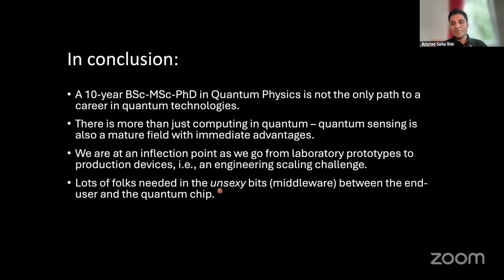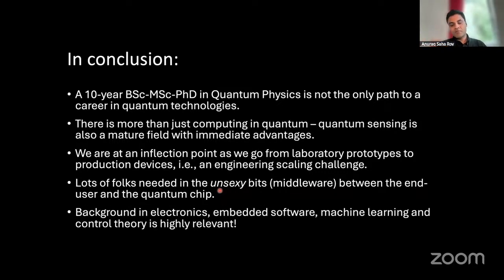And these people will often work in what I would say are the unsexy bits, right? The middleware part of the quantum computing ecosystem, not all the flashy Shor's algorithm and VQE and QAOA or the nice golden dilution refrigerator, but in the middle. So if you are from these backgrounds, you are very much in the right place to work in quantum computing.